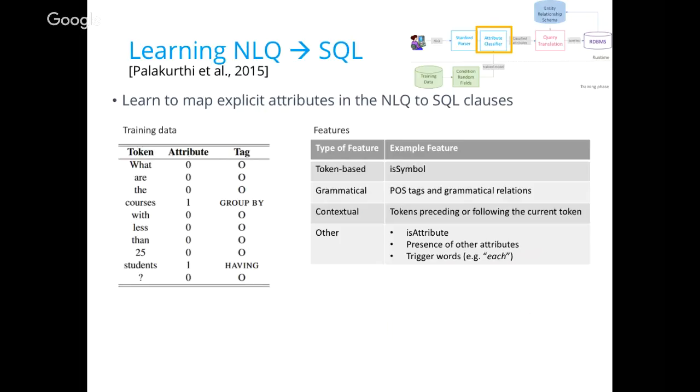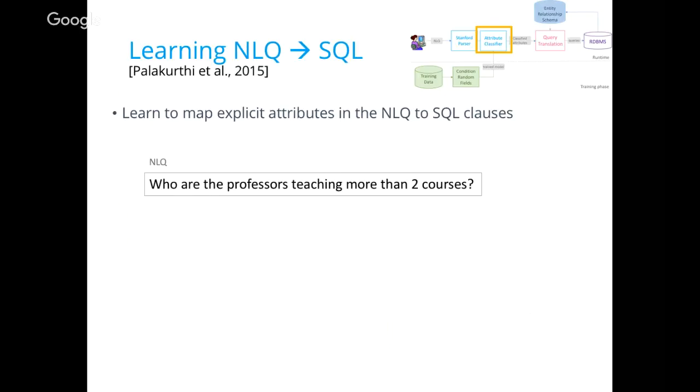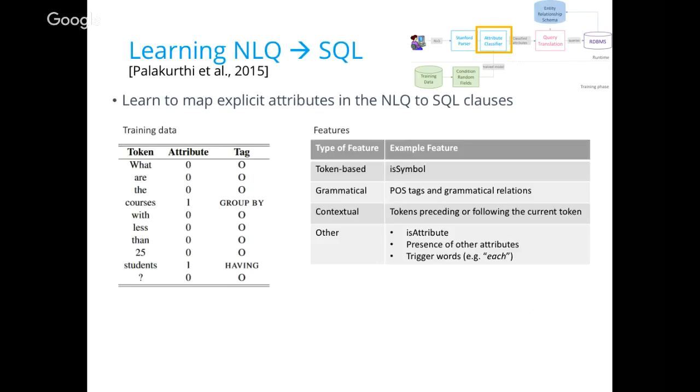So in the learning part, it only learns how to map those explicit attributes to SQL clauses, basically SQL fragments. Here, for example, we have a list of tokens. What are the courses with less than 25 students? Courses is tagged as a group by, and it says this is an attribute in the database. And students is also tagged as one.